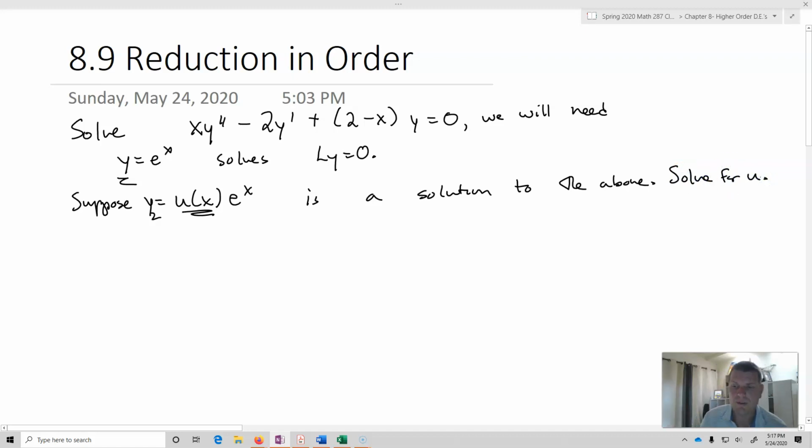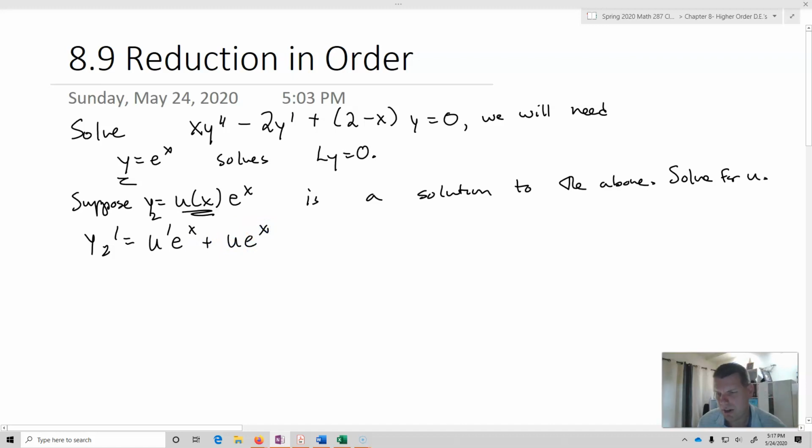So similar to every other one that we did, what we're going to do is take a couple derivatives, plug them in, and then try and find u utilizing some system of equations or some tricks. That's differential equations. Just do some clever tricks, right? So we have y2 prime equals u prime e to the x plus u e to the x.